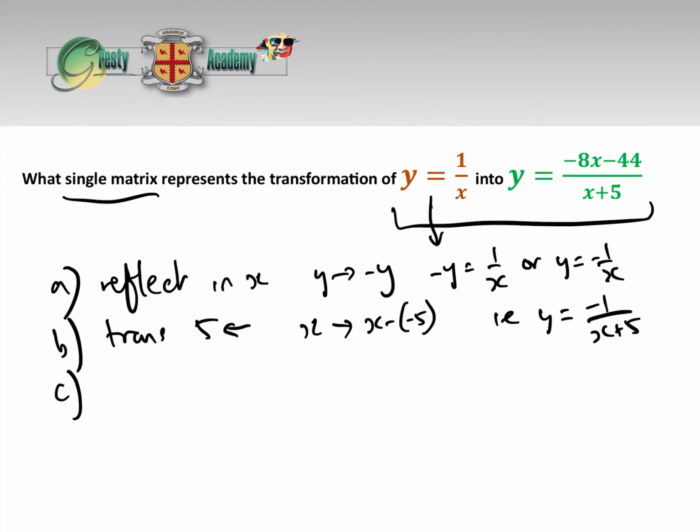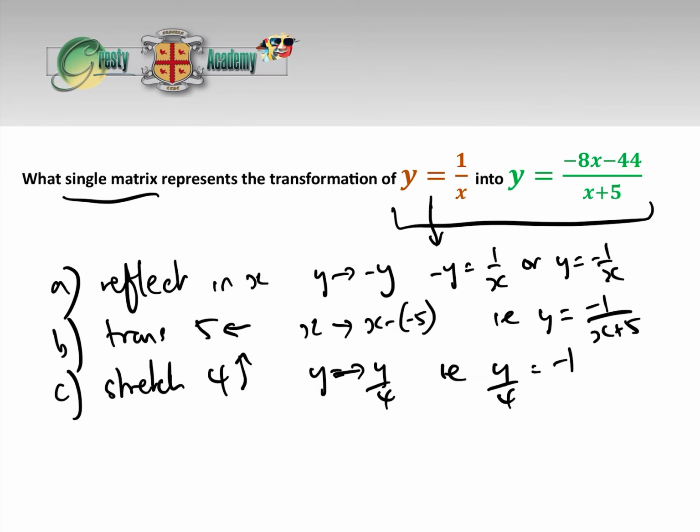And then the third thing we did was we stretched it by 4 in the direction of the positive y-axis, i.e. y becomes y over 4, which means y over 4 equals minus 1 over x plus 5, i.e. y equals minus 4 over x plus 5.